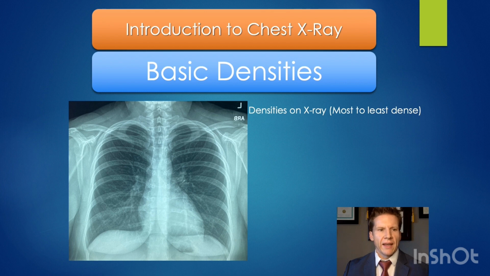Okay, so let's dive right in. This is a picture of a chest x-ray. There are various densities on chest x-rays that we will get into. It's important to know that in order to produce an x-ray image, x-rays have to first be generated by a tube or emitter. They pass through the body or various body parts and are then absorbed by a detector.